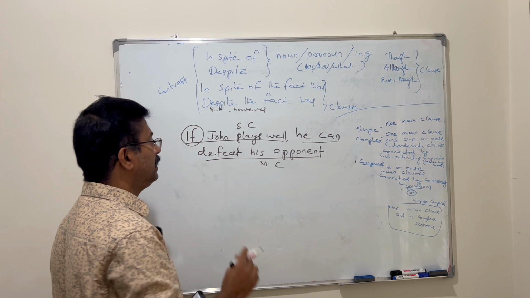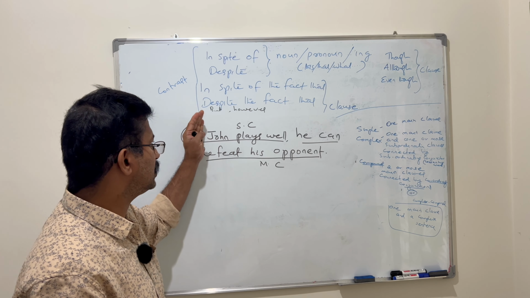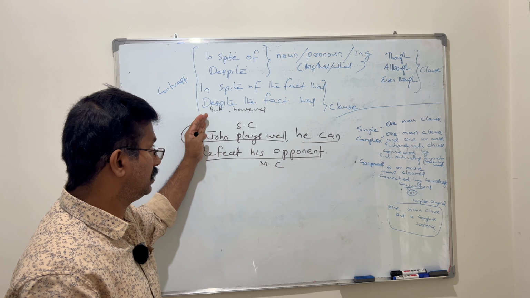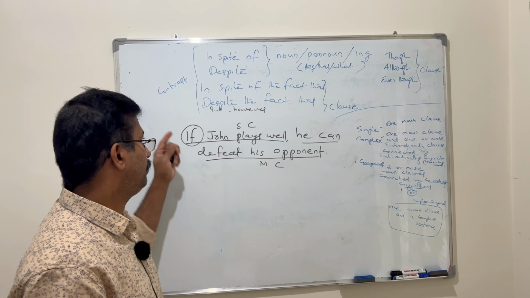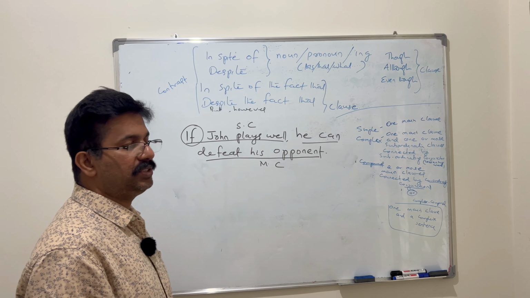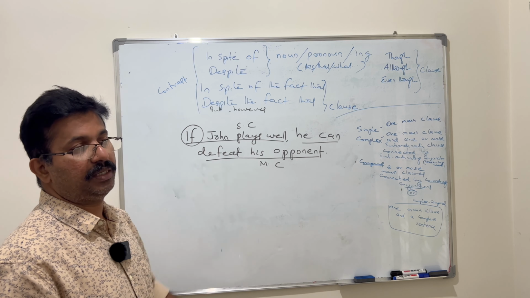"If" is making it a subordinate clause. John plays well is a main clause. He can defeat his opponent is another main clause. But because of "if" with John plays well, it is a subordinate clause. He can defeat his opponent is the main clause. So this is an example of a complex sentence.